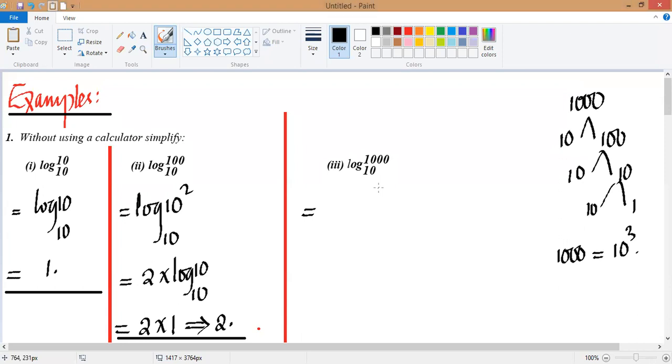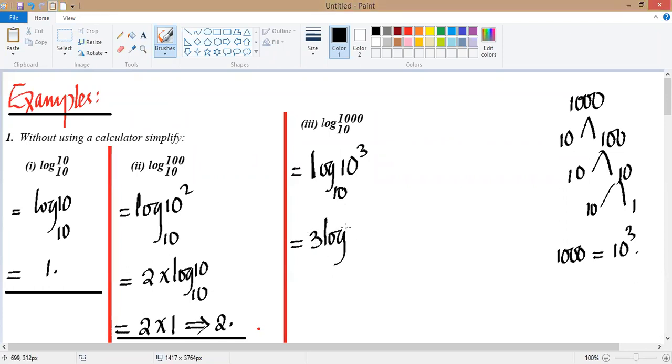So this is deduced as log of 10 to the power 3 base 10. That would be the working. Then the 3 drops, I think people have been seeing that law. Then you leave this with log 10 base 10, of which we know that this is 1, and the answer will be 3 at that instant.